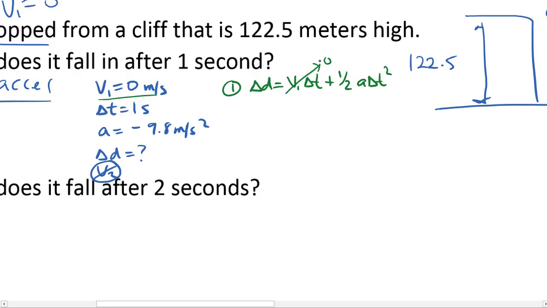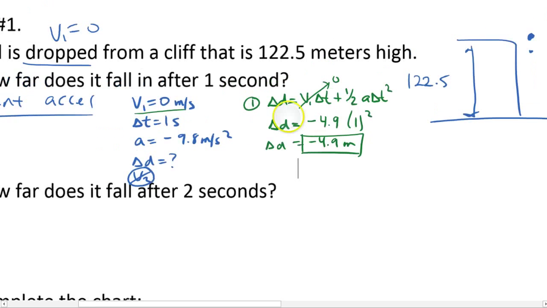So I can take that out right away. So delta D is going to be equal to 1/2 times negative 9.8. So after we've done a couple of these, you realize that 1/2 of negative 9.8 is negative 4.9 multiplied by delta T squared, so that's 1 squared. So it will have a delta D of negative 4.9 meters. And that will be our answer.